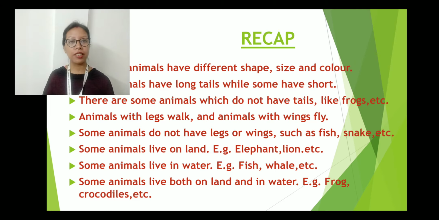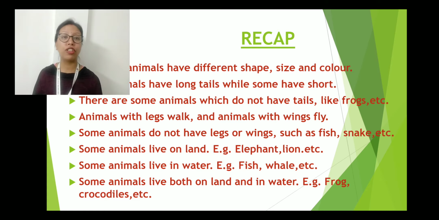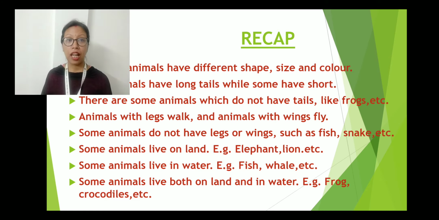Now, some animals live on land, for example, elephant, lion, etc. Then some animals live in water like fish, whale, and they swim. And the animals that live on land, they actually walk or they crawl on the land, while the animals in the water mostly swim in the water.